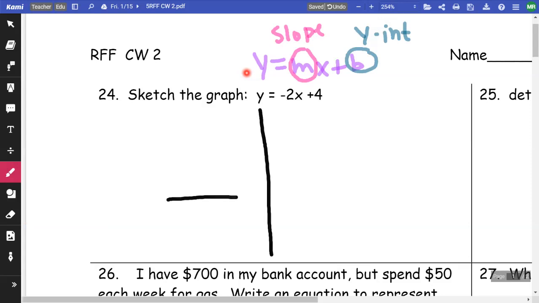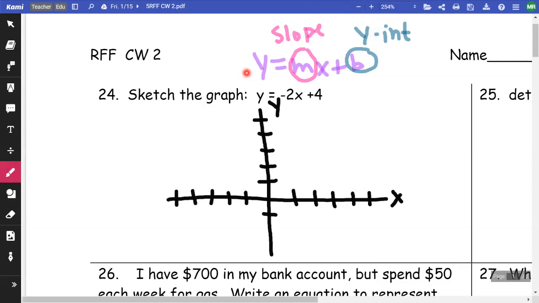Okay. So this 4 here is going to be my y-intercept. So that's going to go right here.